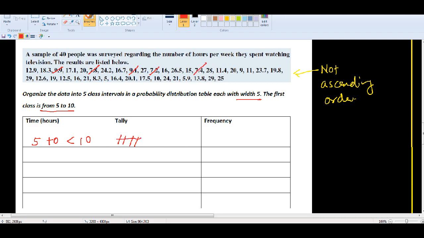So there are 5 of them. 11.4 is not, because it must be greater than 5 but less than 10. So 9 is one of them. 11 is not. How about 5? 5 should be included. It is from 5 to less than 10. 10 should not be included, but 5 should.